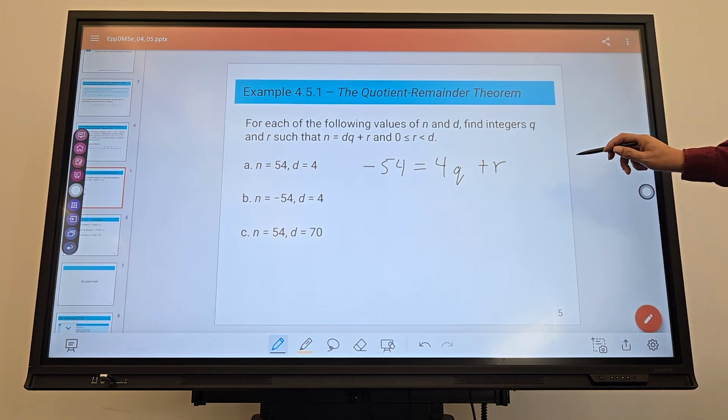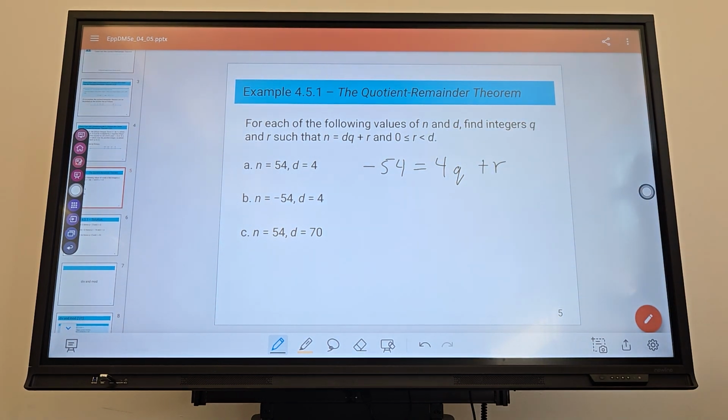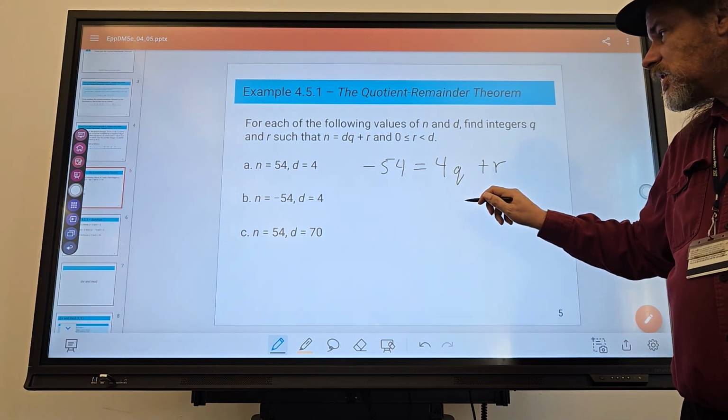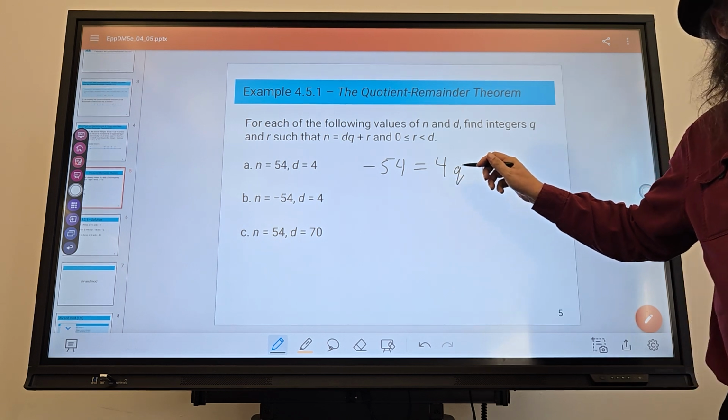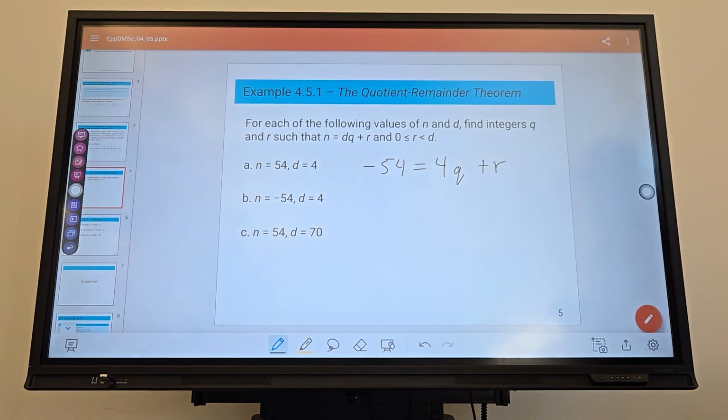Again, r would be greater than d. Negative 15? Yeah, but then it would be negative 60 plus r, so r would have to be 6, which is greater than 4.